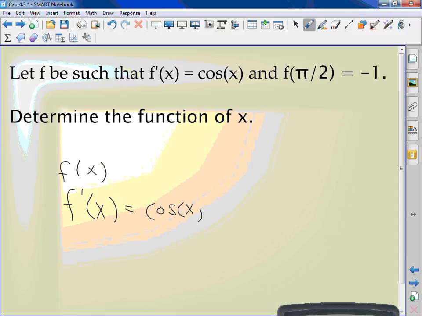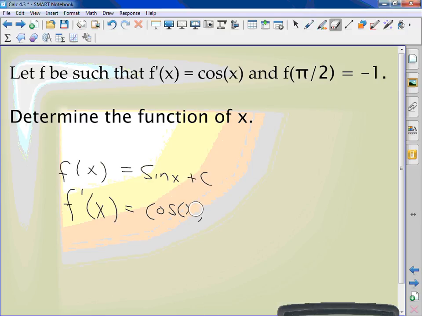What's the antiderivative of cosine? Sine. So it's sine of x plus c.